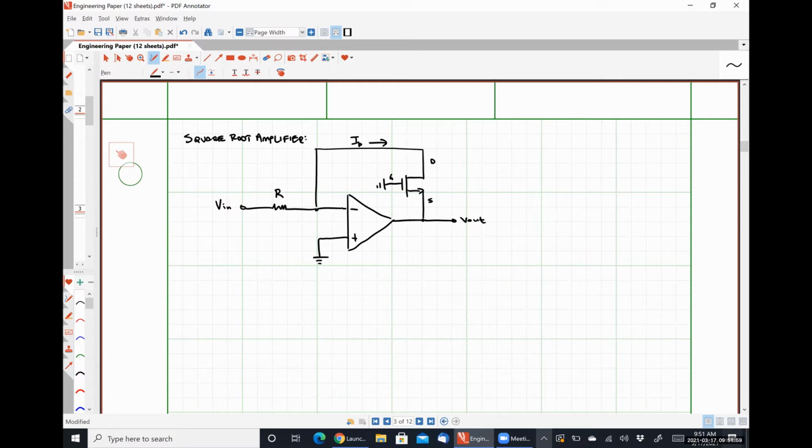So what is the potential at the gate? 0. What's the potential at the drain? It's 0. So what kind of transistor connection do we have if the gate and the drain are at the same potential? Because these are both always going to be at 0 if we consider an infinite open loop gain.